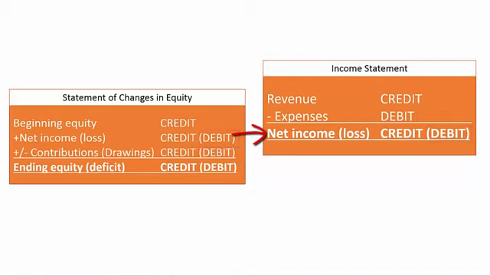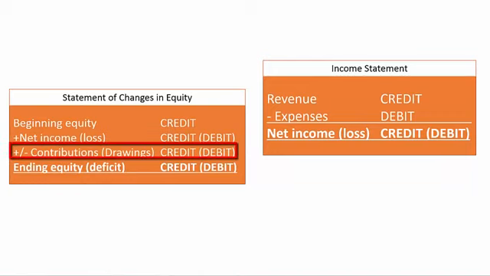Note that net income per se is not a general ledger account. Net income is simply a mathematical difference between revenue and expenses. Item number 2, which deals with the transactions on account of capital, is the other way equity can change during a period. When the owners contribute or withdraw assets to or from the business, the balance of equity changes.